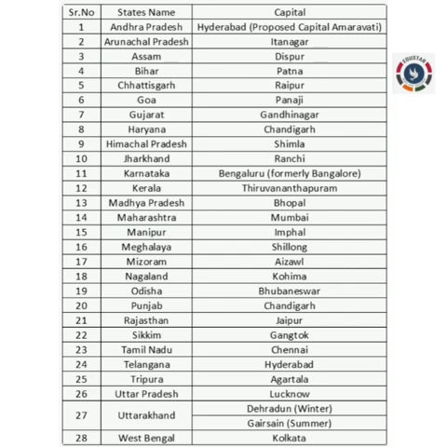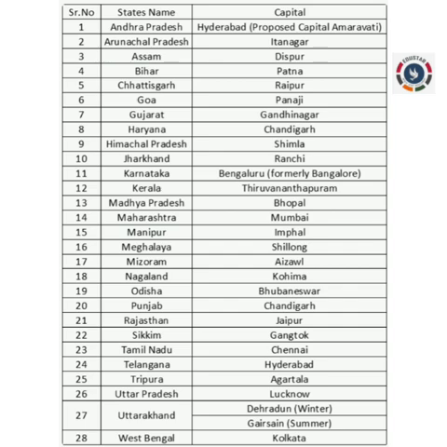Maharashtra, Mumbai. Manipur, Imphal. Meghalaya, Shillong. Mizoram, Aizawl.